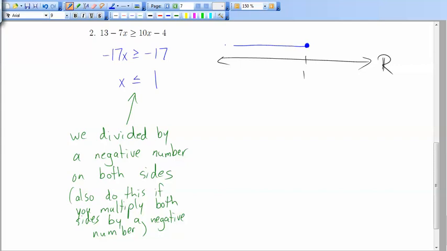So that's all the x values that are out here on the left. Now that we see that, we can easily write in interval notation our solution set. We've got negative infinity to 1, and this time we'll include the 1, because we've got a less than or equal to. x is less than or equal to 1.